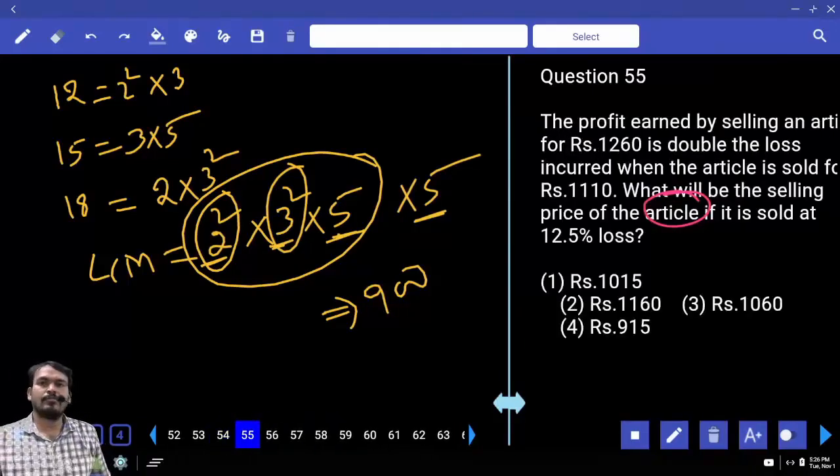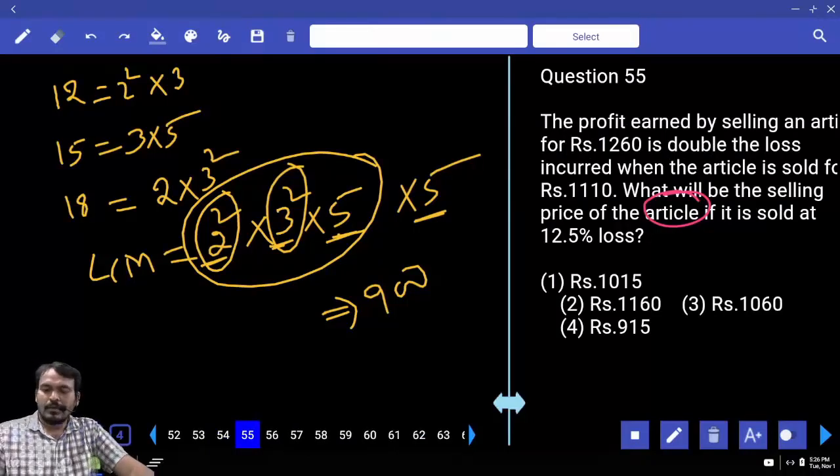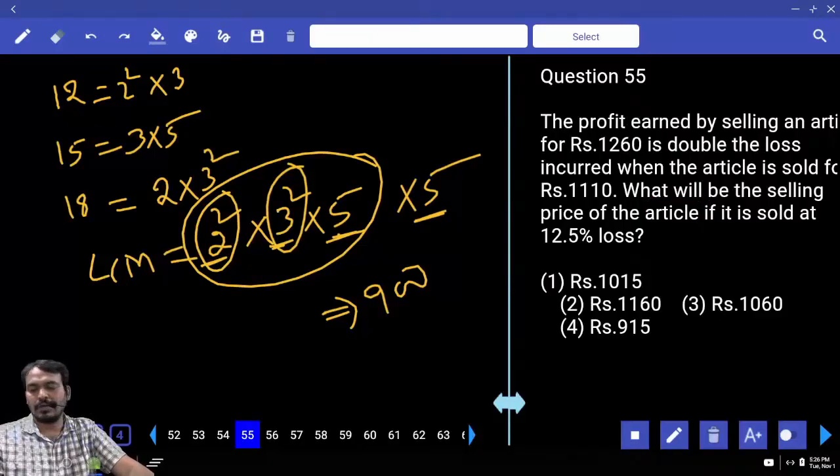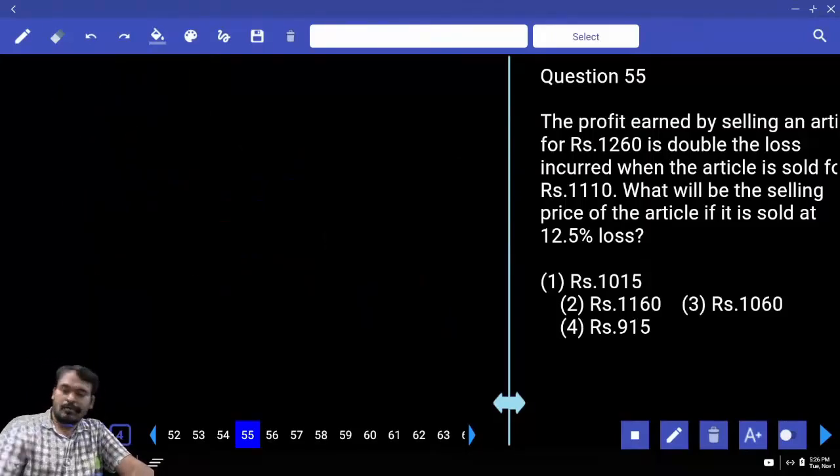Next, question number 55. The profit earned by selling an article for 1260 is double the loss incurred when the article is sold for 1110. What will be the selling price of the article if it is sold at 12.5% loss? What is the question here?